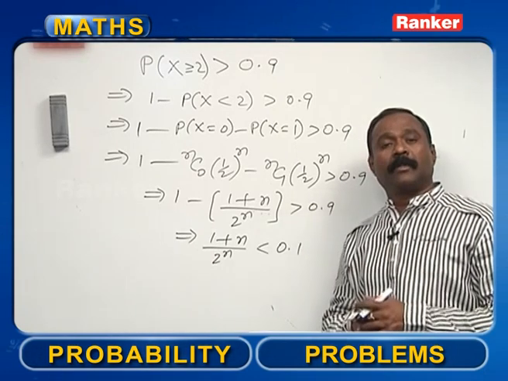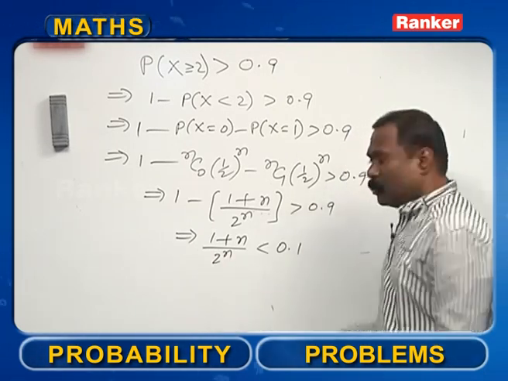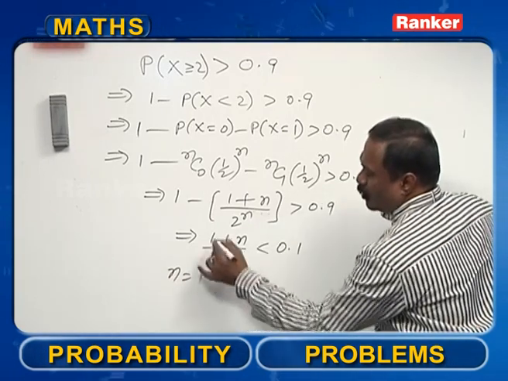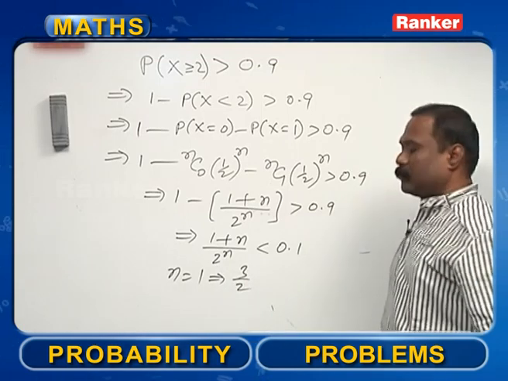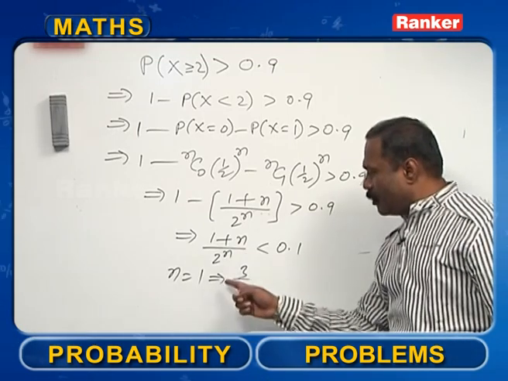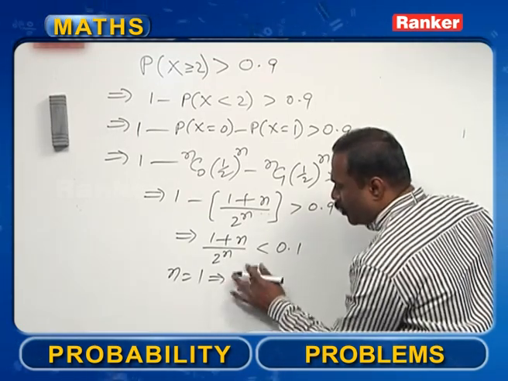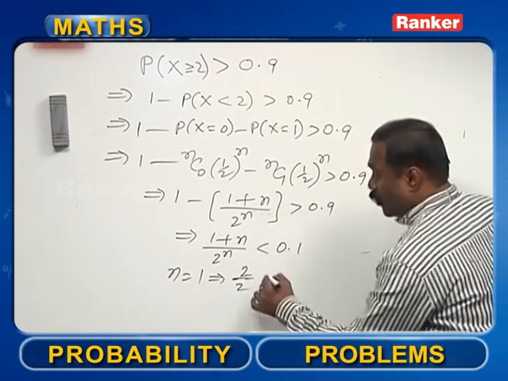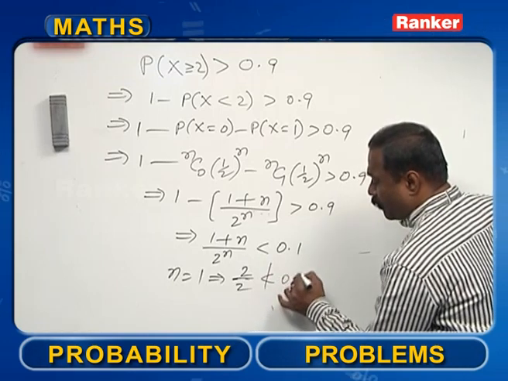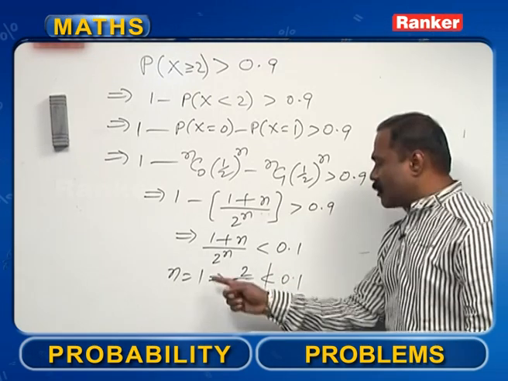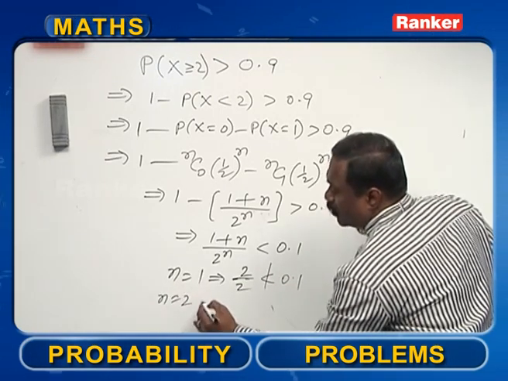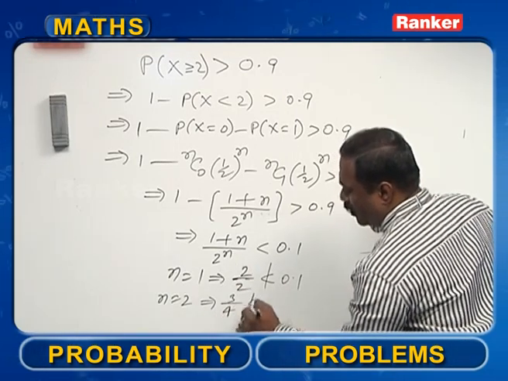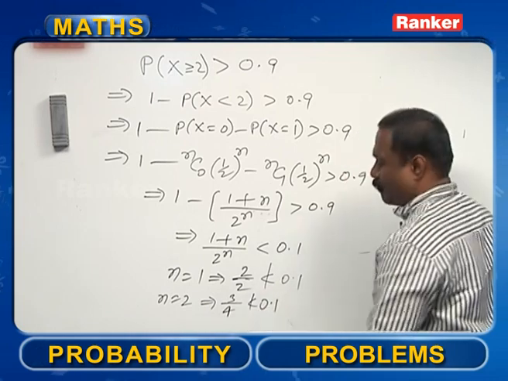If n is equal to 1, it is 2 upon 2, which is not less than 0.1. If n is equal to 2, it is 3 upon 4, not less than 0.1.